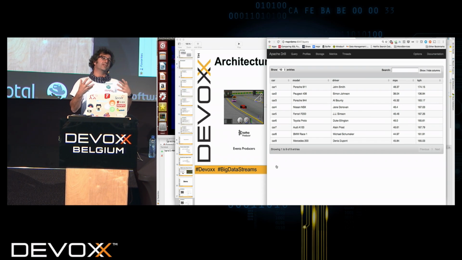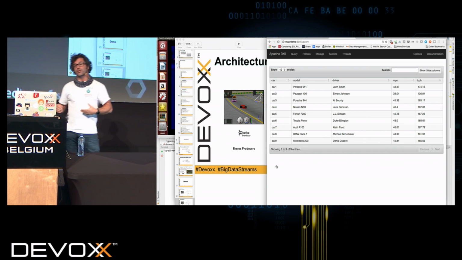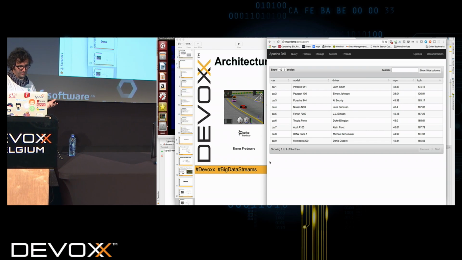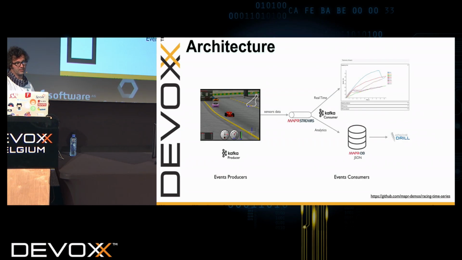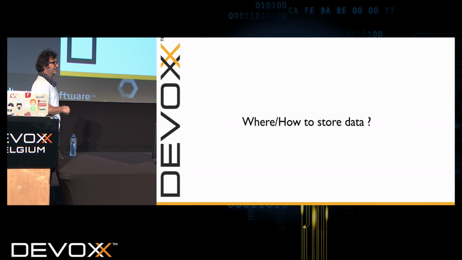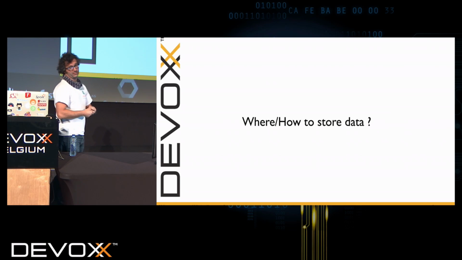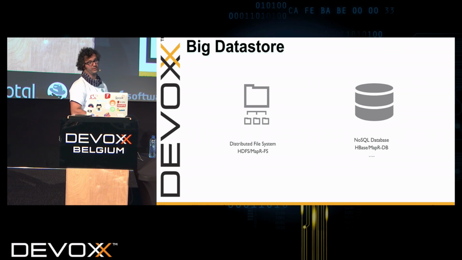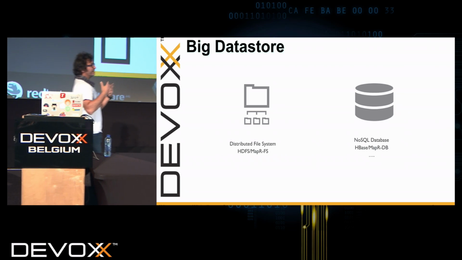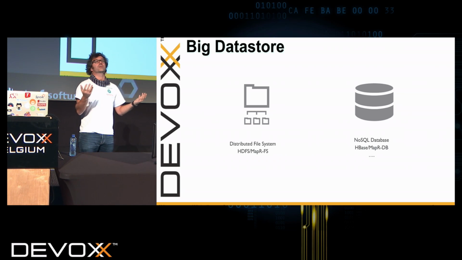And when we talk about big data, we may have 200 terabytes of data. The way it will work in this case, you have to think about how do you store the information and how do you work with the data. And this is one of the most important parts when we talk about big data globally, but also when we talk about real time and how you want to modify and access the information. Most of the time, when we talk about big data and storing the data, you have two options.